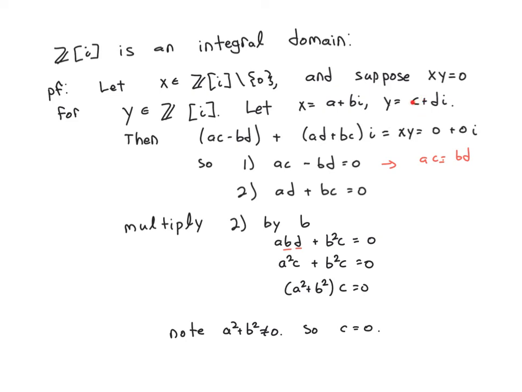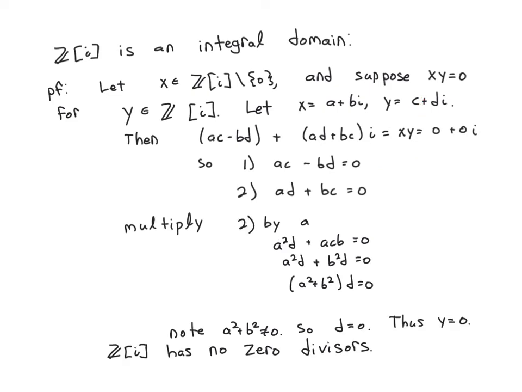Congratulations, the real part of y is 0. Now I do the same thing. I multiply equation 2 again, this time by a. I get a squared d plus abc equals 0. Now I substitute and replace ac with bd.